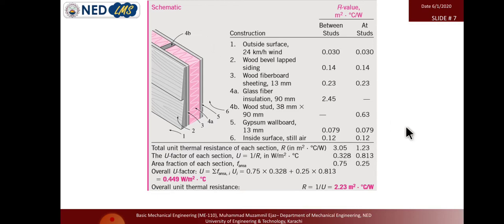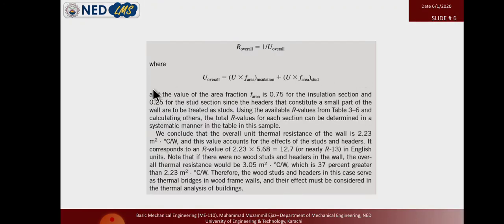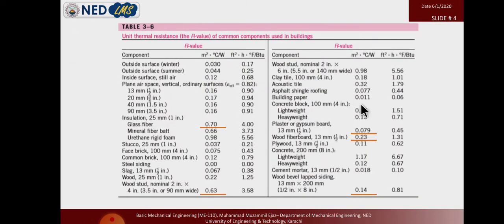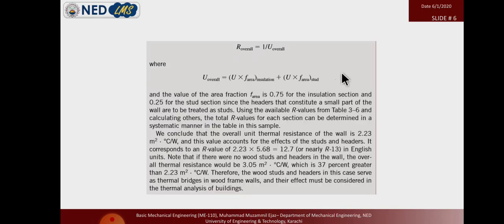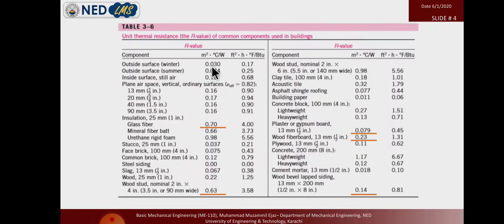Now we have to extract these values from this table. First of all, we have the outside surface at 25 kilometers per hour, so it is common for both glass fiber and wood stud. So we write it on both sides, and this is the value from this. The outside surface winter value will be 0.030 resistance value.